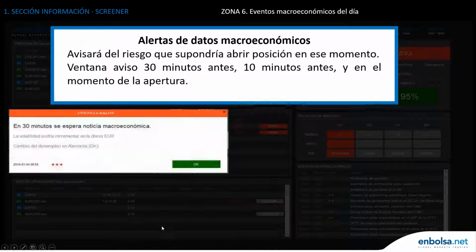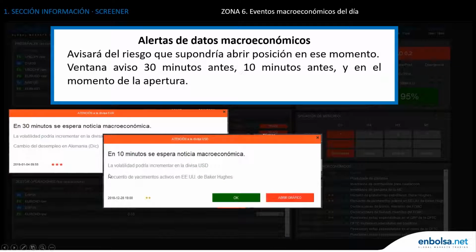To do that, a pop-up will appear 30 minutes before a 3-star volatility event takes place, warning us to be careful, and we will only be able to get rid of it by clicking on OK, making sure we have checked it. We can also see the same warning 10 minutes before it takes place if the assessment of its volatility is either 2 or 3 and affects our asset, so we can judge if we really want to open that position.